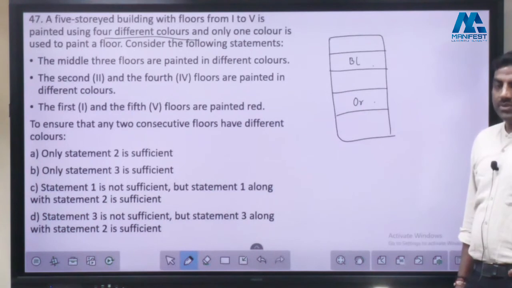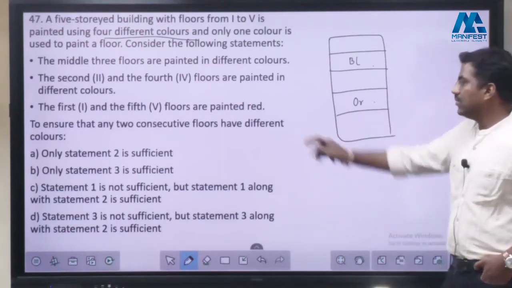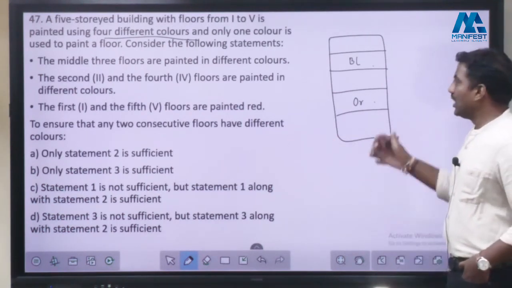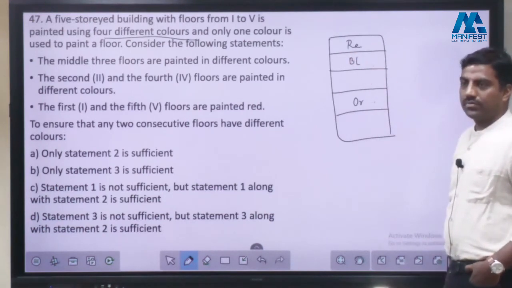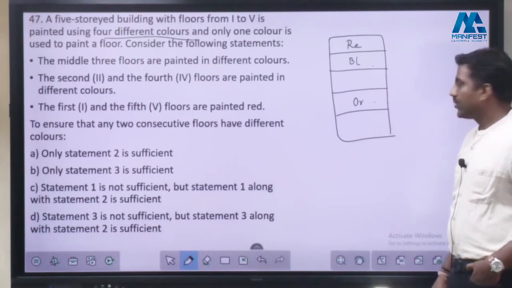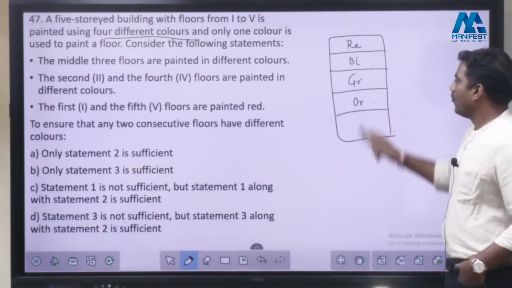With 2 colors, can we have the condition met? Let's say 2 colors are left. Let's say red. I'll put red here. Then I'll put green here. 4 colors are done.